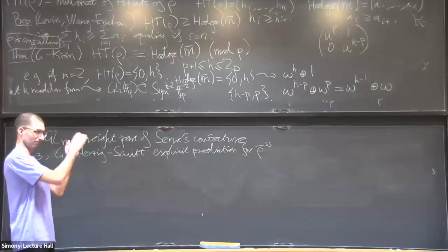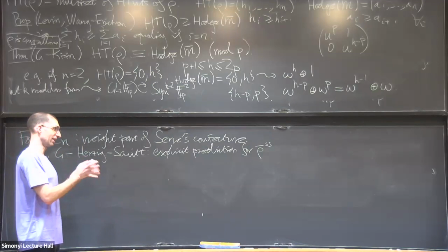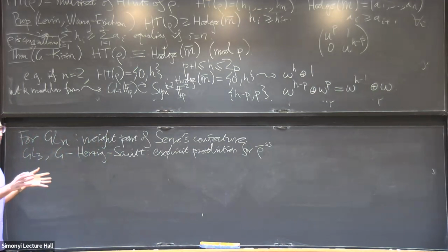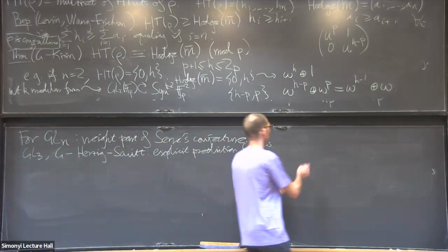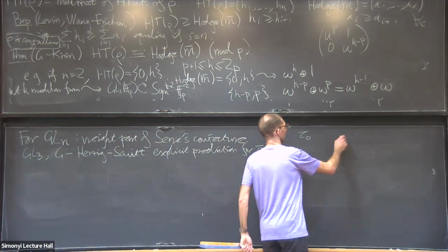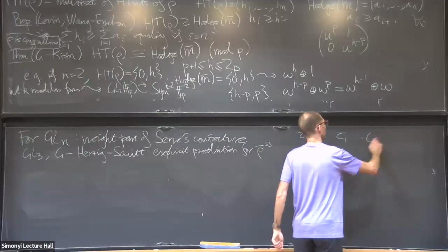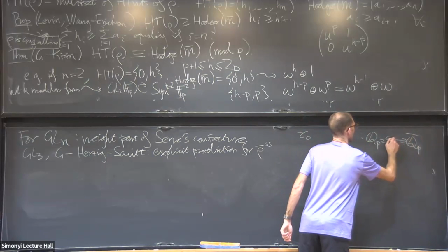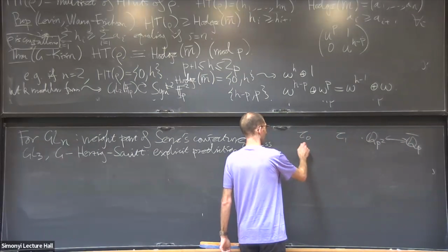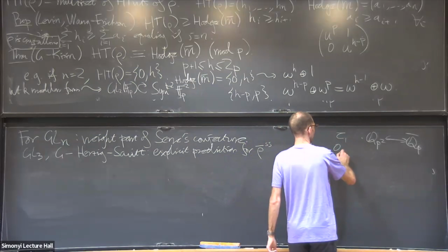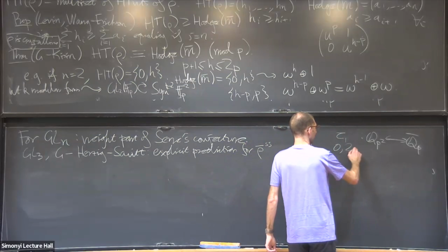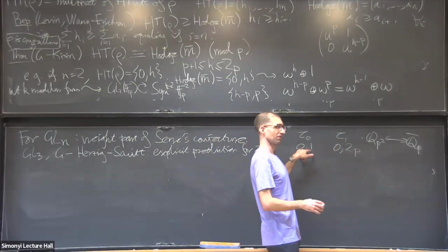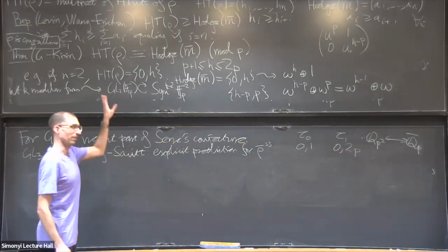It doesn't give you a tight upper bound if you do Q_p squared, even GL_2 of Q_p squared. The issue comes if you have Hodge-Tate weights for two embeddings, maybe I'll call them tau_0 and tau_1, from Q_p squared into Q_p bar. The bad behavior is if the Hodge-Tate weights here are 0 and 1, and here 0 and something bigger than 2p, so 2p or more. When the weights are extremely different, you can easily see that this is not the best possible result.